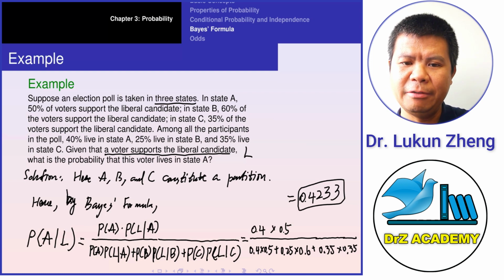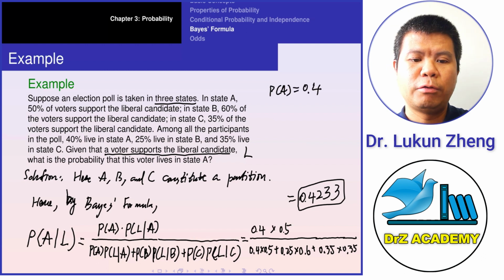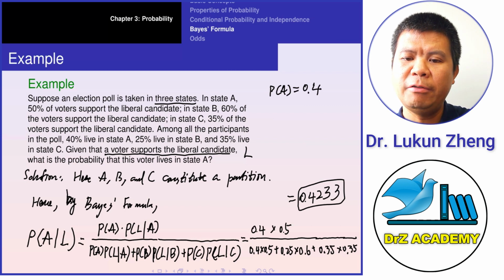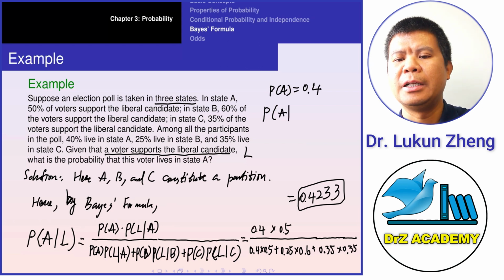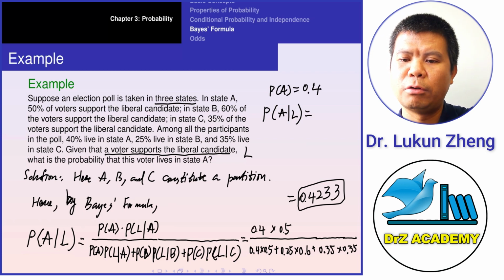Now, let's just consider this one again. You do have P of A is 0.4, so 40% lives in state A. However, if I know this voter supports the liberal candidate, this condition is additional information. Now the probability of the voter living in state A became 0.4233.